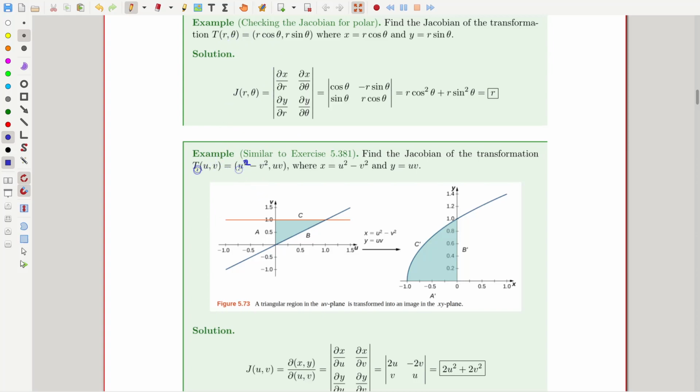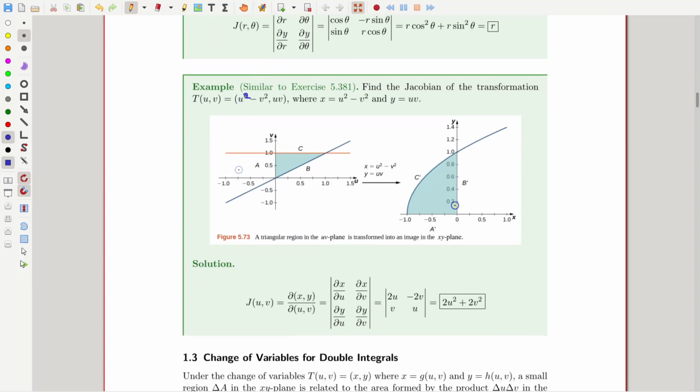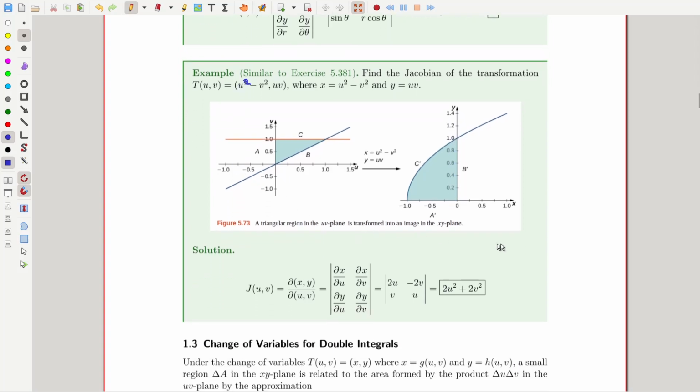So here we have this mapping that goes from the UV plane to the XY plane, and it looks like I'm pretty much copying a textbook example. So you can see that under this transformation, the main thing that it does is that it will transform this triangular region into this parabolic region.